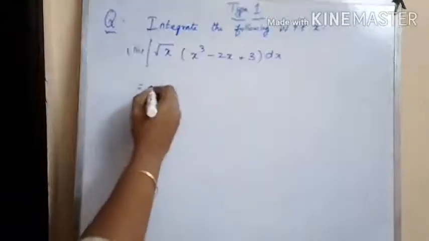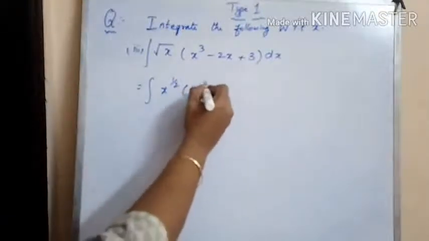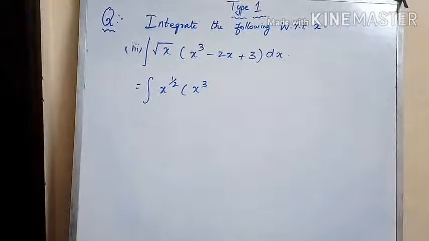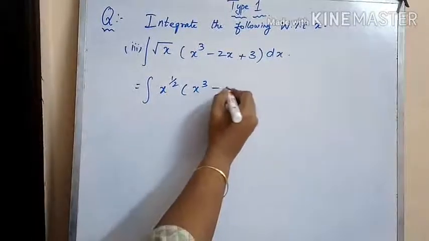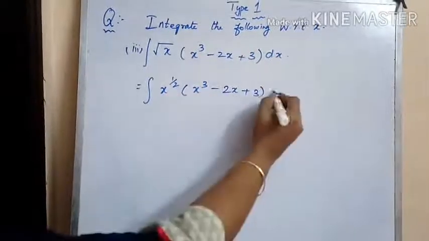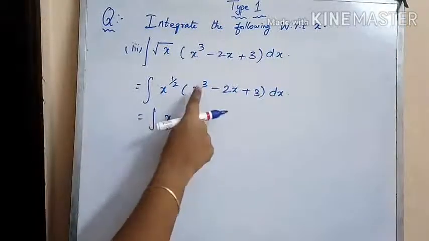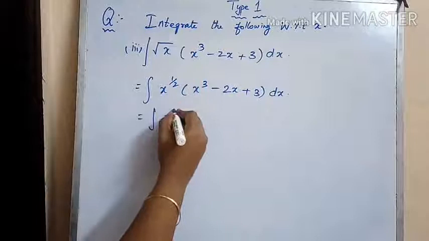The next problem is integral of root x into x cubed minus 2x plus 3 into dx. Root x can be written as x to the power of half and is multiplied with the polynomial within the bracket.